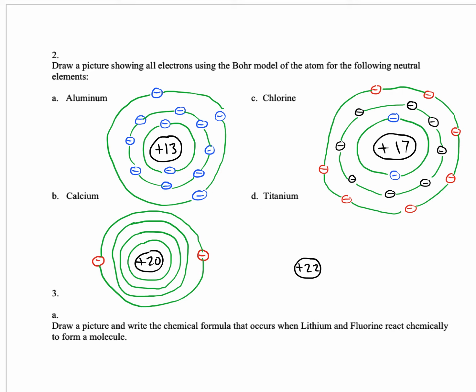What happens with titanium is you've got a full inner shell, 2 electrons there. You've got 8 electrons in the second energy level. And then you would start to fill that third energy level with 8 electrons.